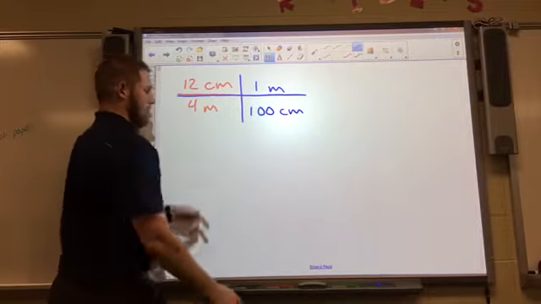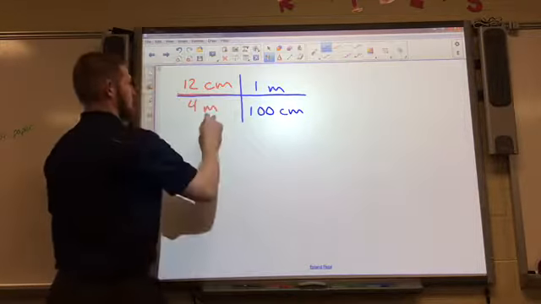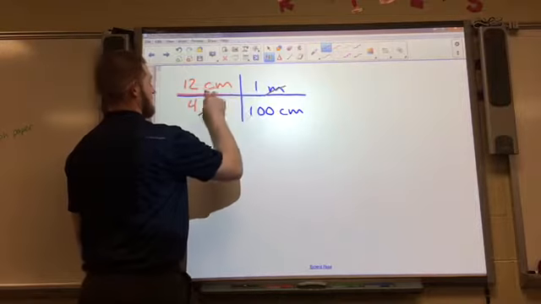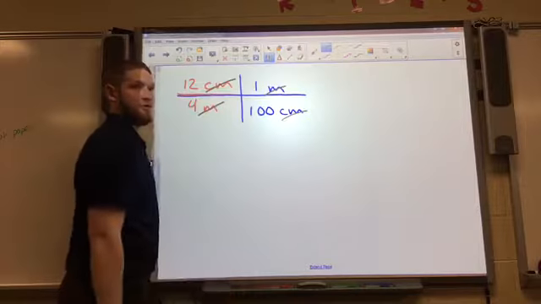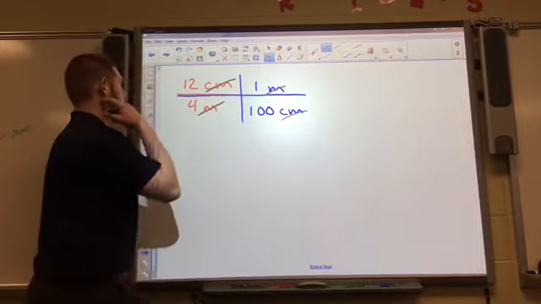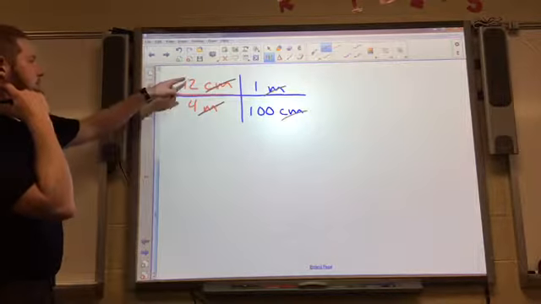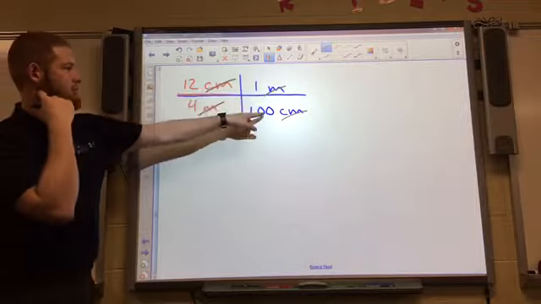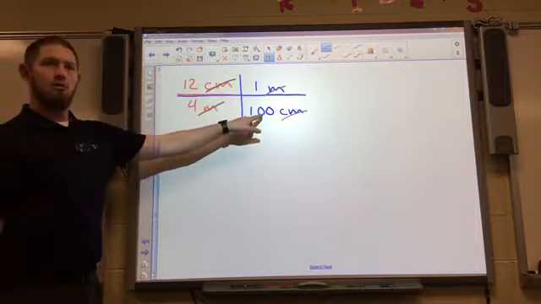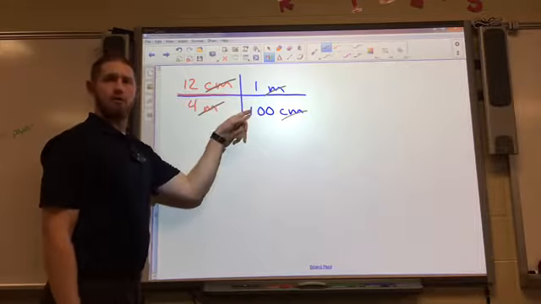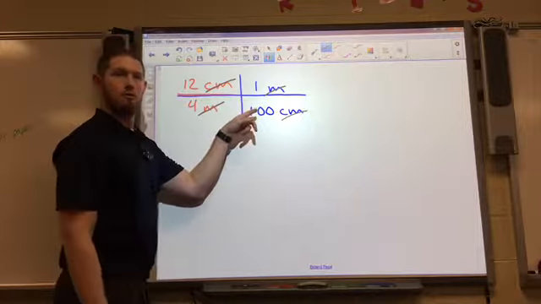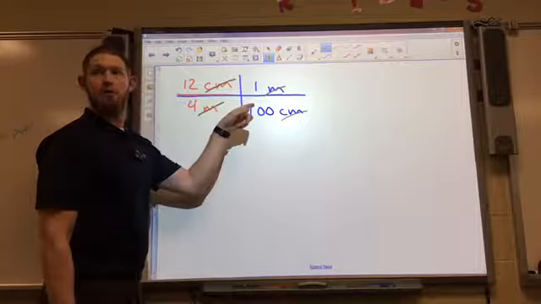When we do this, you can always cross-reduce and cross-cancel. So my meters cancel each other, my centimeters cancel each other, correct? So here, can I cross-reduce? Yeah, what goes into both 12 and 100? 2 does, but so does 4, right?